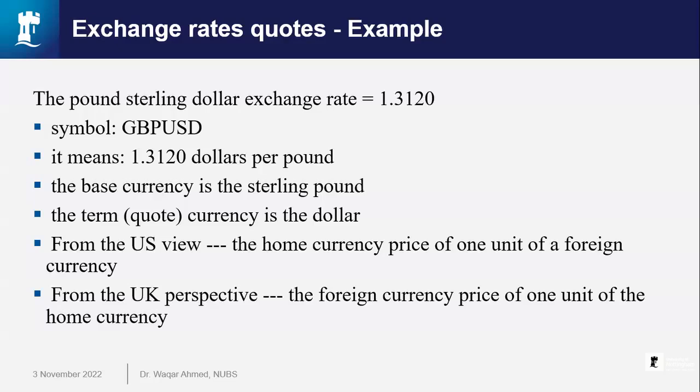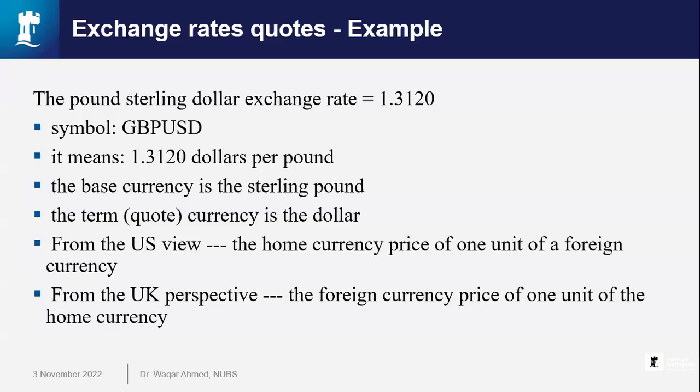It's represented by the symbol GBP/USD, right? So what does this exchange rate 1.312 mean? It means $1.312 per pound.